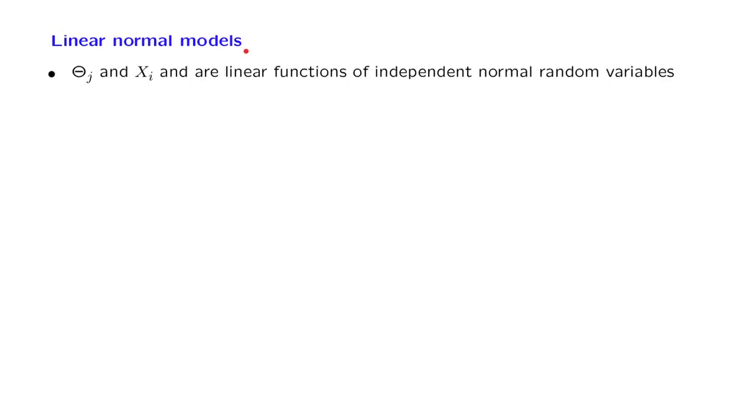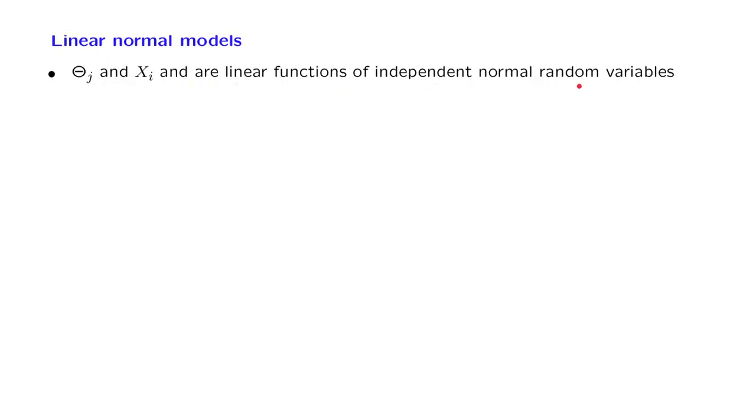The trajectory estimation problem that we considered gives you a first glimpse into a large field that deals with linear normal models. In this segment, I will just give you a preview of what happens in that field, although we will not attempt to prove or justify anything. What happens in this field is that we're dealing with models where there are some underlying independent normal random variables, and then the random variables of interest, the unknown parameters, and the observations can all be expressed as linear functions of these independent normals.